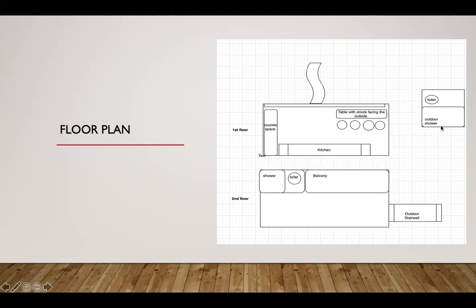I had the idea of having an outdoor shower and toilet because this is about a mile from the beach, and so I imagine when people come to the property, I would want them to have a place to shower outdoors before going into the house, and be able to use the restroom while hanging out outside, without having to necessarily go upstairs.